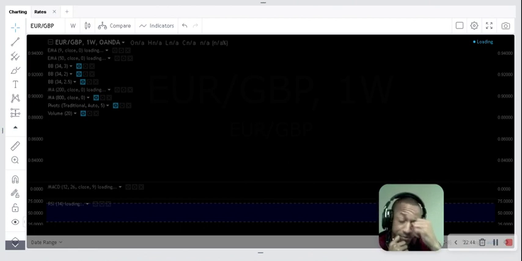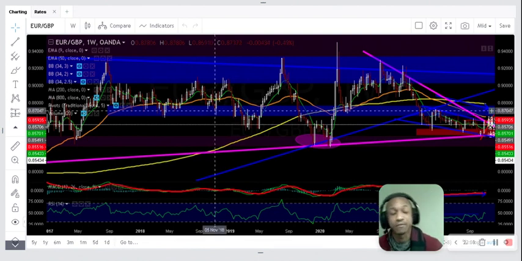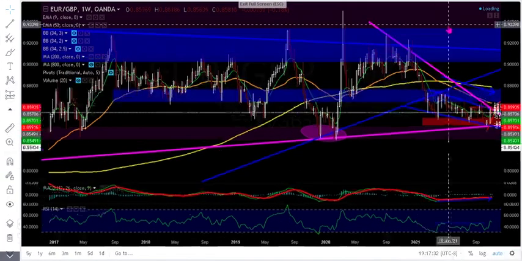All right, still recording. I had to refresh the screen. My zones disappeared. I should have just did this on Trading View. I don't know why I keep forgetting about that. Oh man. But I still come here because Oanda has, there it is right there. Now it's showing my zones.